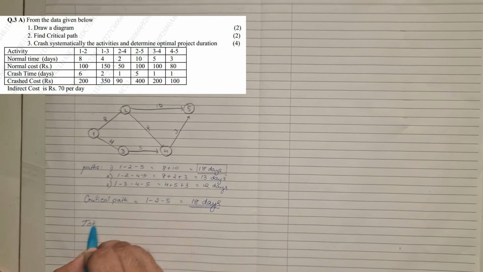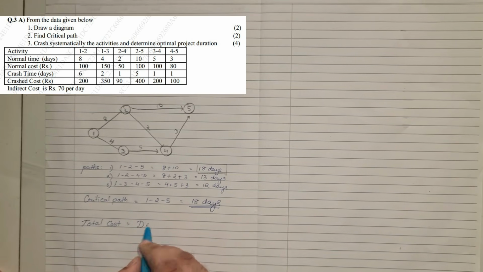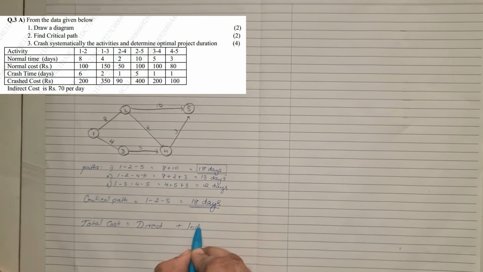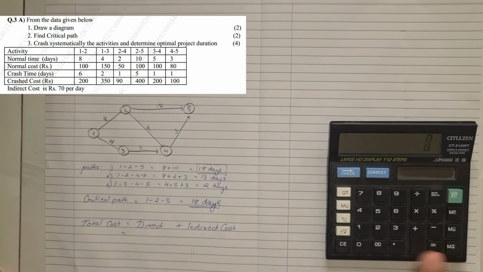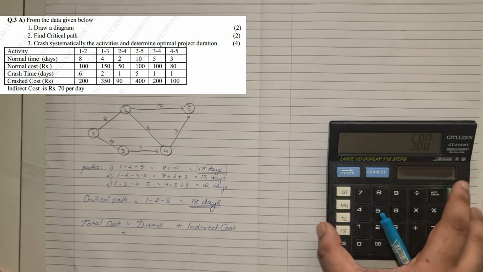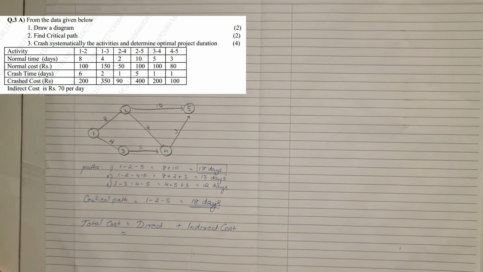For that we need the total cost. Total cost is equal to direct cost plus indirect cost. Direct cost is nothing but the total of the normal cost. On your calculator, the total of normal cost is 100 plus 150 plus 50 plus 100 plus another 100 plus 80, so 580 is the value.